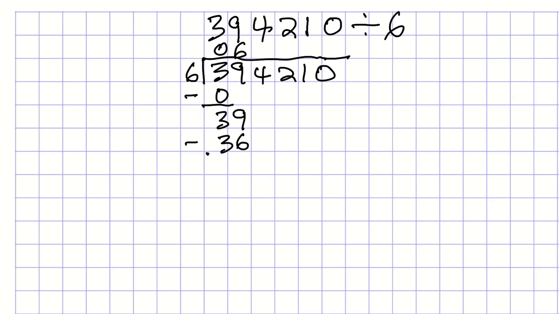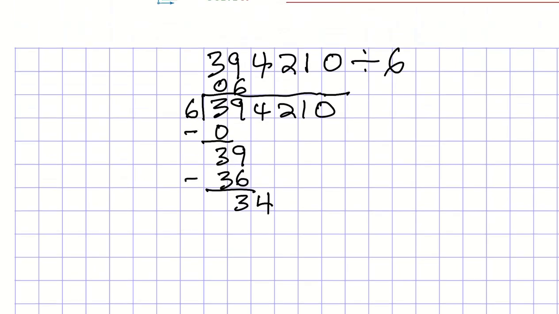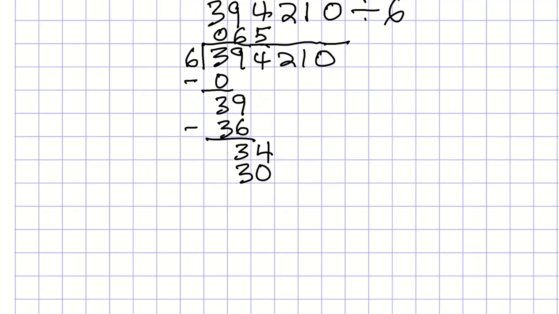You subtract, you get 3. You bring down 4. We know that 6 will go into 30, so we'll put 30. It's going to be 6, I'm sorry, it's going to be 5. It's going to go into 30 five times. It's going to be 5 here, and then we'll subtract.